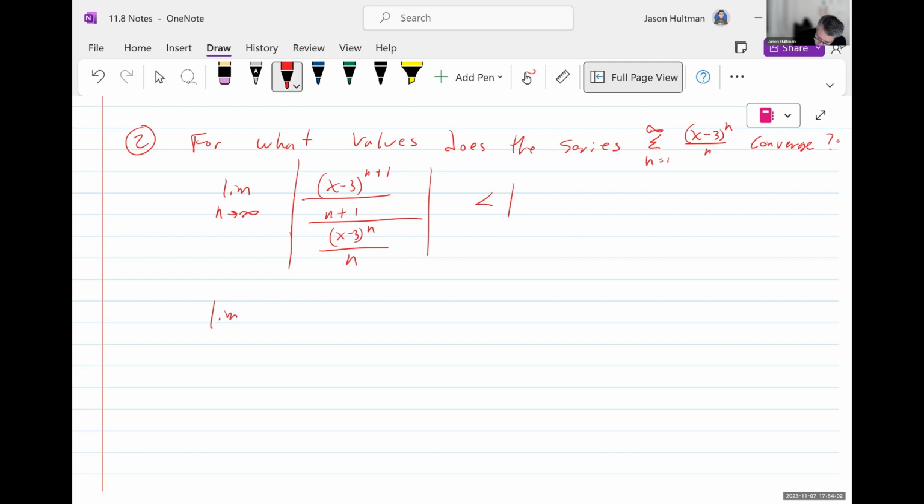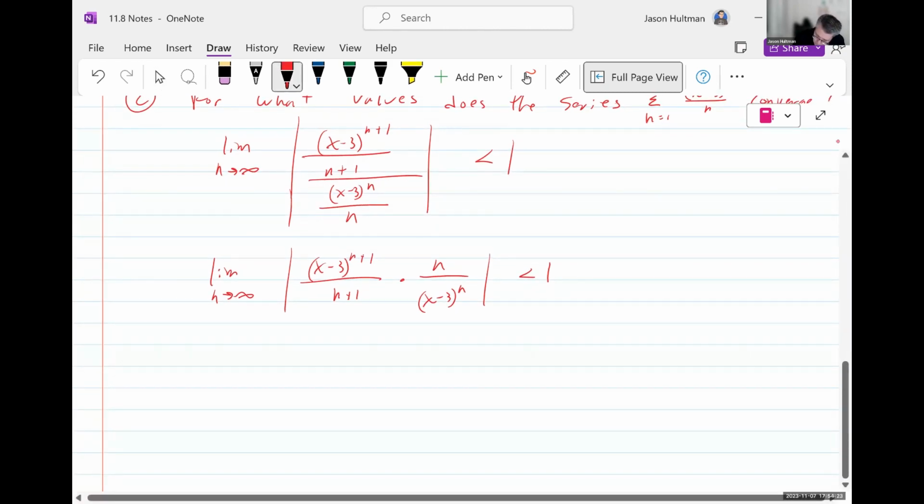Okay, so let's turn the division into multiplication. Limit as n goes to infinity of (x minus 3) to the n plus 1 over n plus 1 times n over (x minus 3) to the n is less than 1.